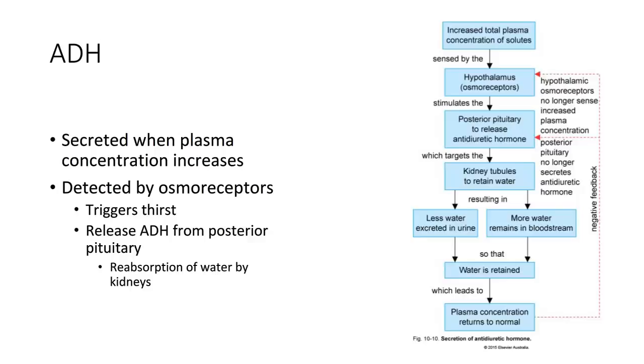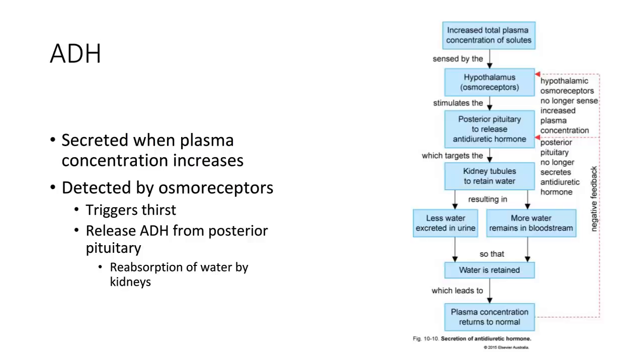There are osmoreceptors that detect that increased concentration of the electrolytes in the fluid that will send a signal to the brain to cause you to go and drink fluid and to release ADH to act on the kidneys to cause you to reabsorb water.